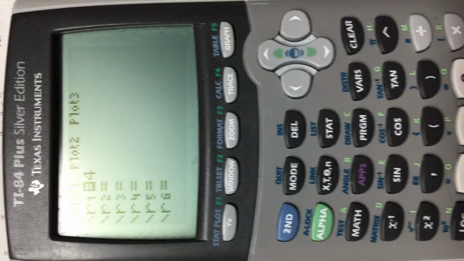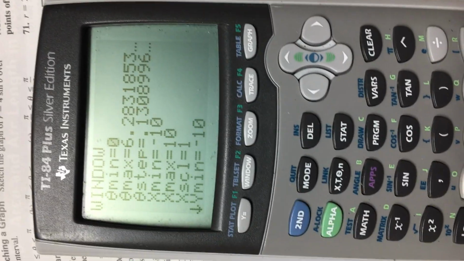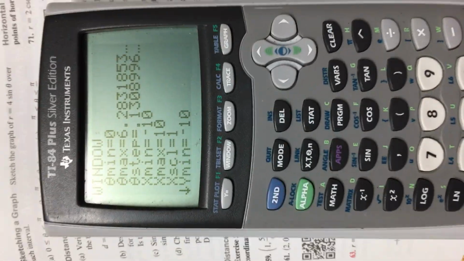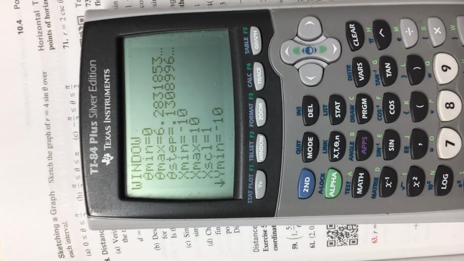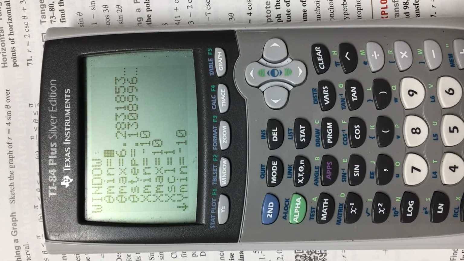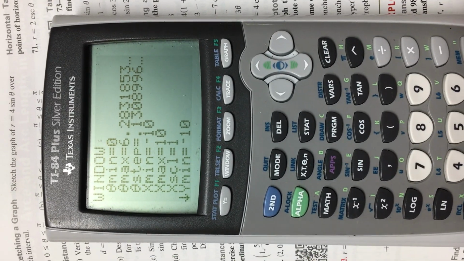If you go to window, you see, very similar to parametric, an initial theta min, theta max, theta step, except that's angle around the circle. And then you go to your standard x min, x max, x scale, etc., negative 10, 10, 1, negative 10, 10, 1.